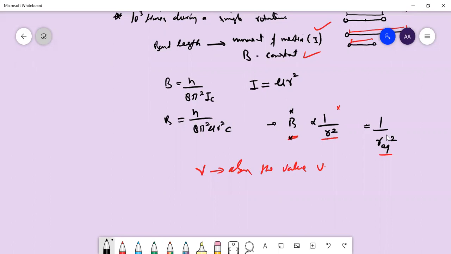Now we can have two cases. One case is if the vibration is like a simple harmonic oscillator. What will happen in case of a simple harmonic oscillator? In case of a simple harmonic oscillator, we usually consider that the bond length will be the same as the equilibrium bond length.